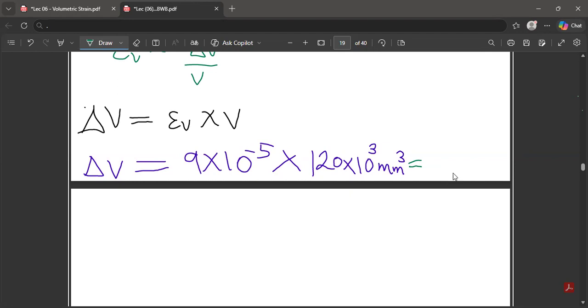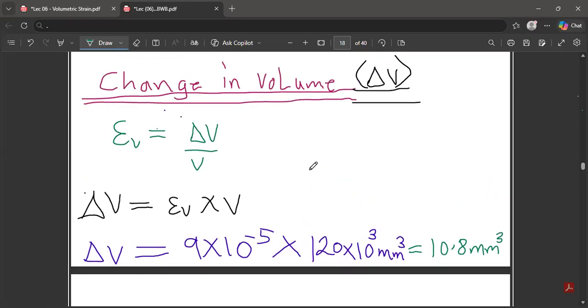That is the same as 10.8 millimeter cube. So that is 10.8 millimeter cube. This is the answer we had.